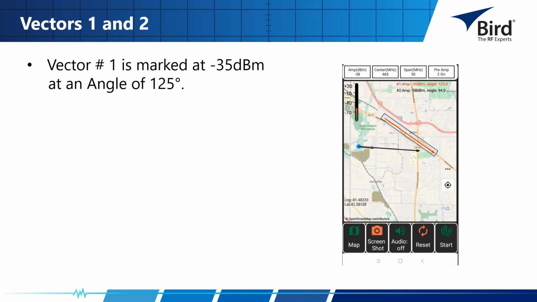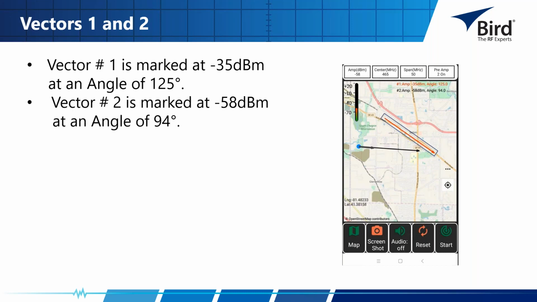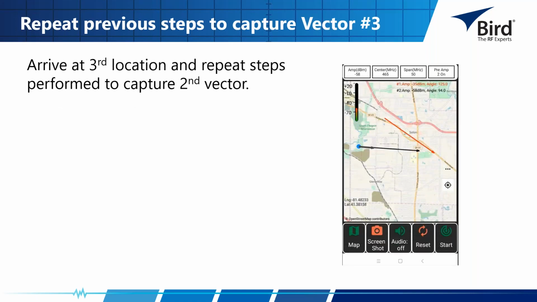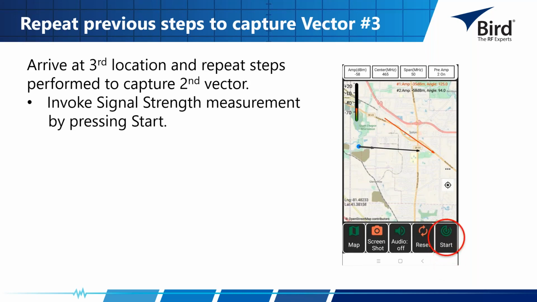Vector 1 is marked at -35 dBm at an angle of 125 degrees. And vector 2 is marked at -58 dBm at an angle of 94 degrees. Go to our third location and repeat the steps performed to capture the second vector. Invoke the signal strength measurement by pressing start.